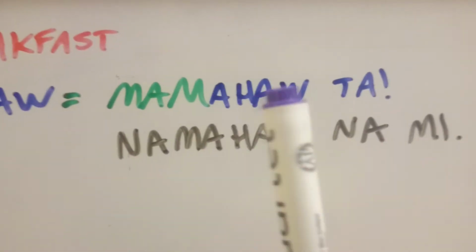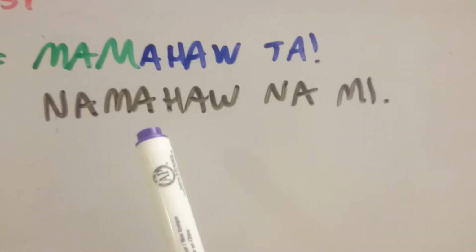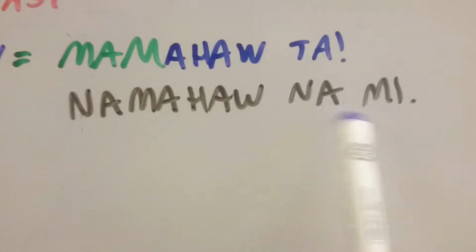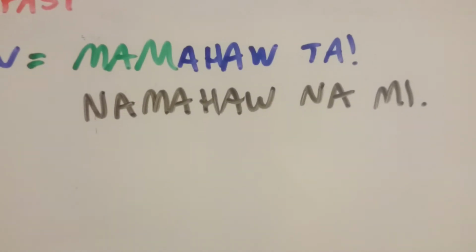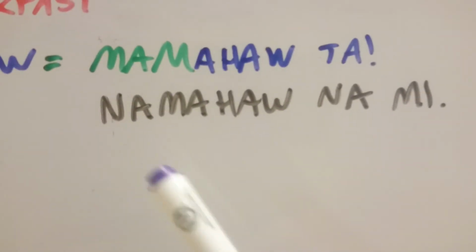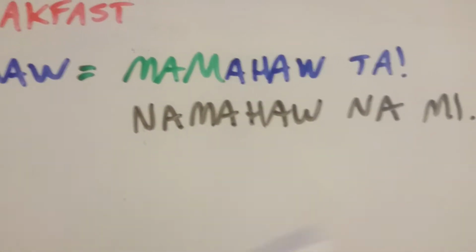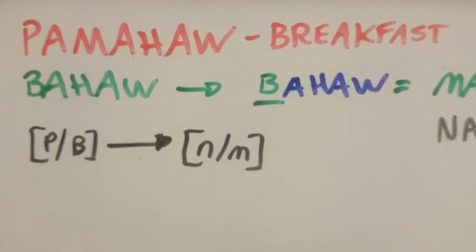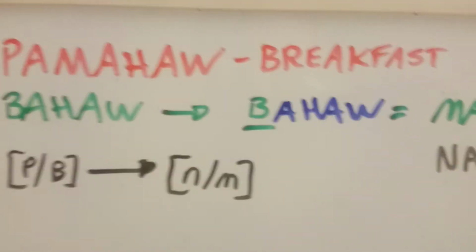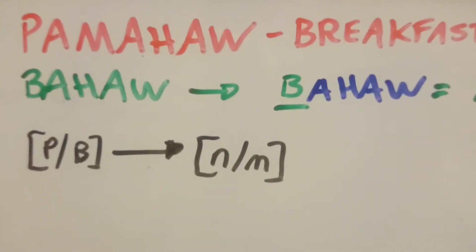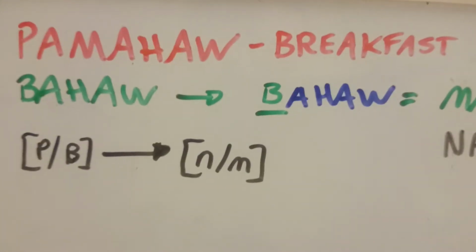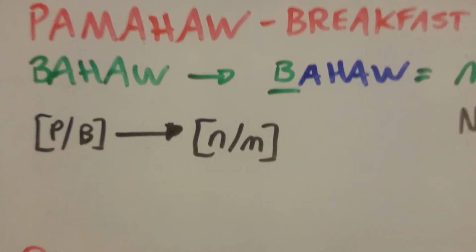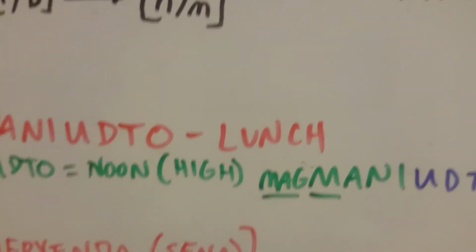And then the second sentence, namahaw nami, is we already ate breakfast, right? Namahaw nami. So that's just the concept of explaining the assimilation process, right?